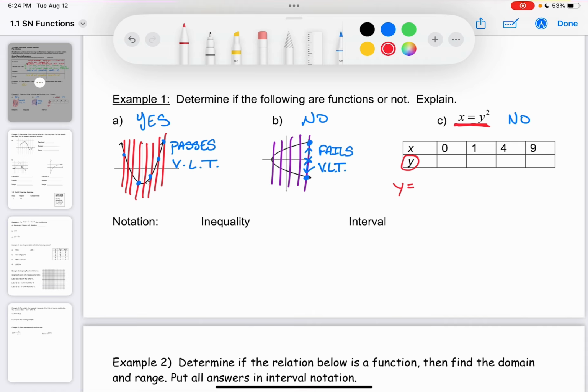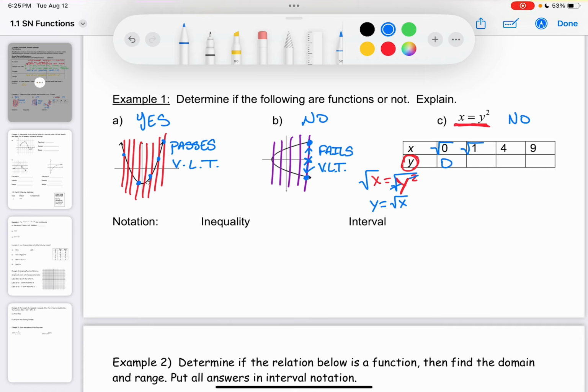So currently we have x equals y squared, and that y could be isolated by finding the square root of both sides. So we have y equals the square root of x. And if I plug in, what's the square root of 0? 0.